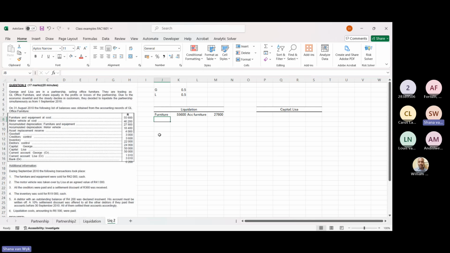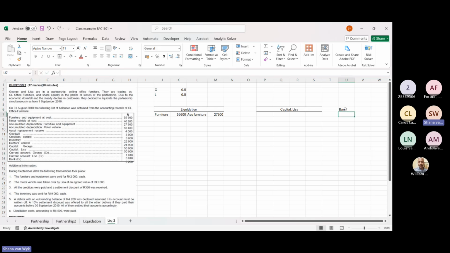Liquidation is everything that you are selling goes into liquidation, which means we are liquidating, so we need to put in everything. So now, what is this fair value? I'm confused now. Sorry, I have to make a bank as well. But you don't need bank.